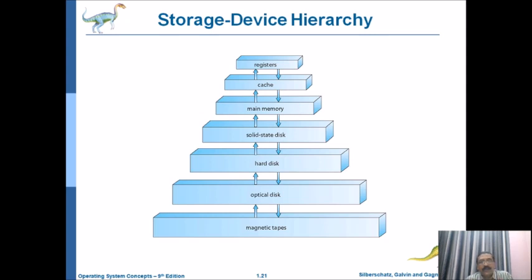Now let me conclude. Today's session came with an introduction to the computer system, and we saw the computer architecture, the block diagram, the von Neumann diagram you can say.